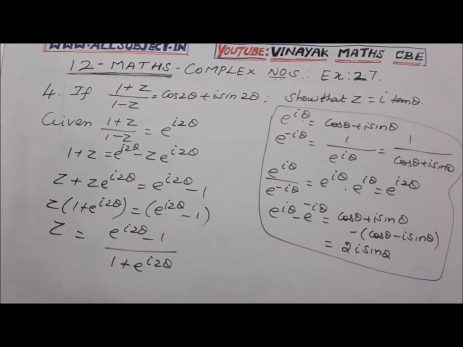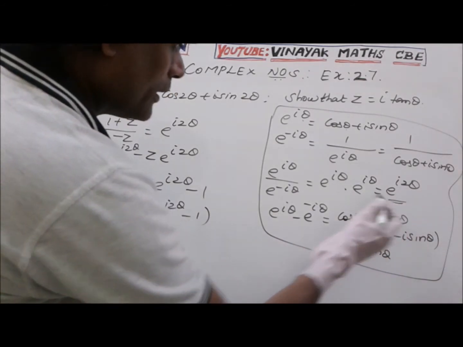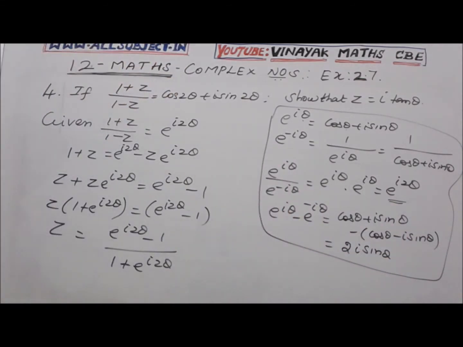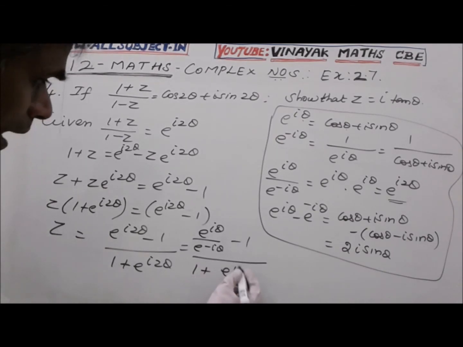So listen here, e power i 2 theta equals e power i theta by e power minus i theta. So this is equal to e power i theta by e power minus i theta minus 1, divided by 1 plus e power i theta by e power minus i theta.